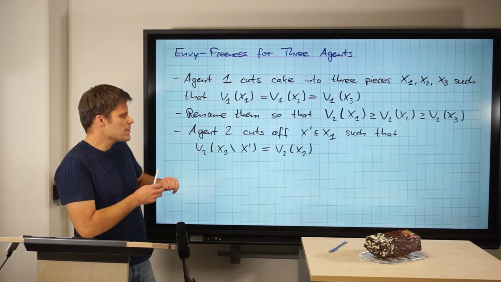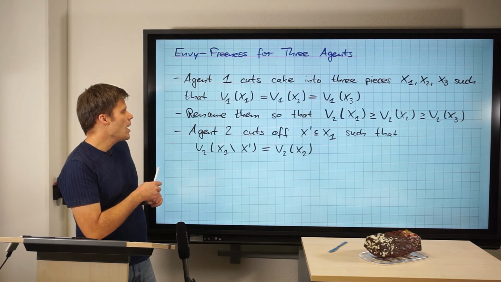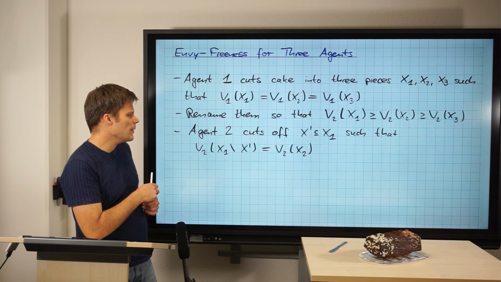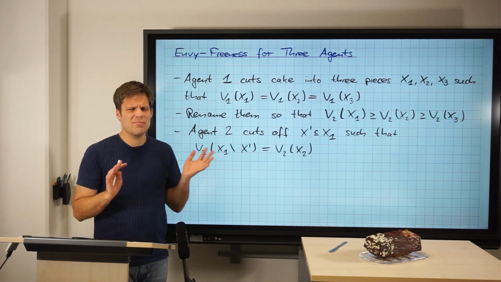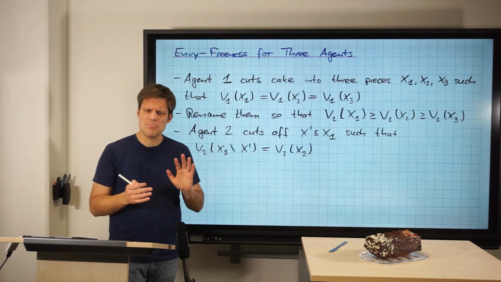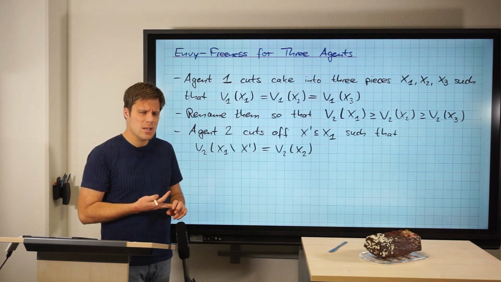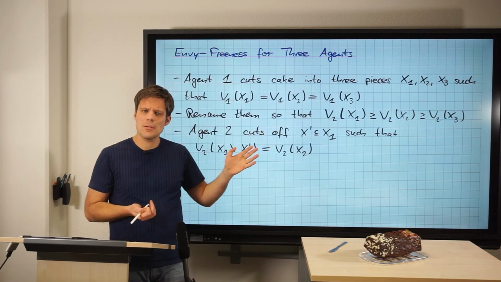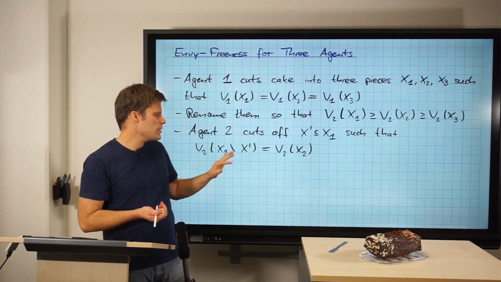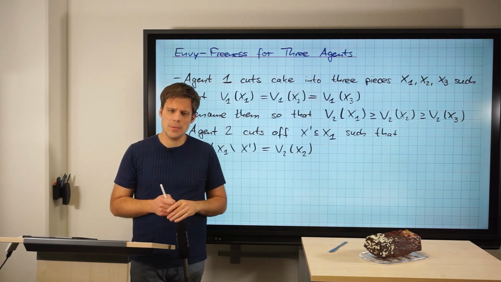So, what's the current status? Agent 1 says now, x1 take away x prime, that maybe doesn't make me happy. The other two make me happier. The other two, I don't care which of the two I'm getting. X1 take away x prime, I'm not so happy with.